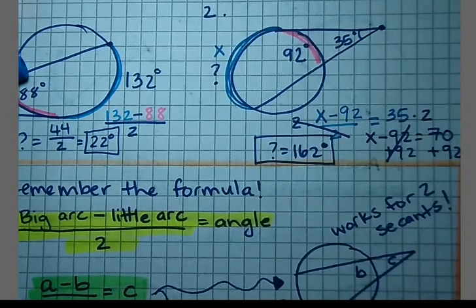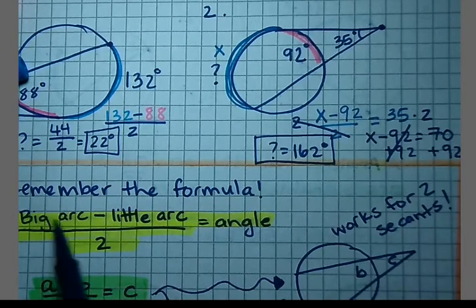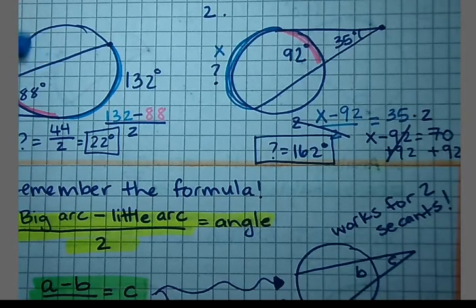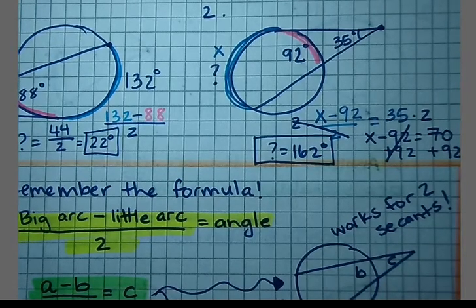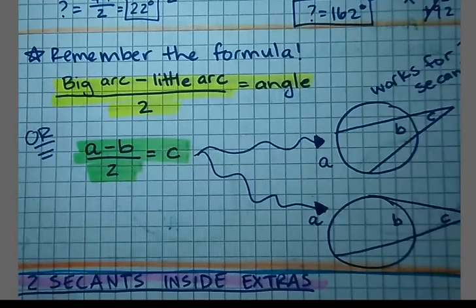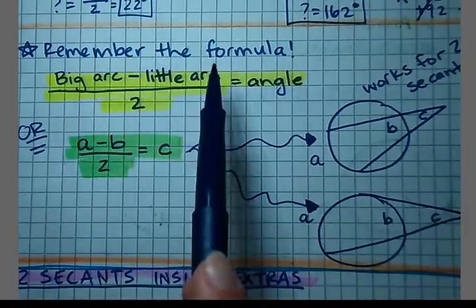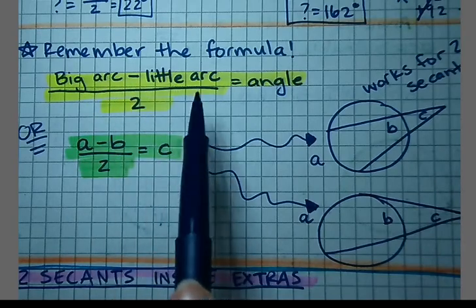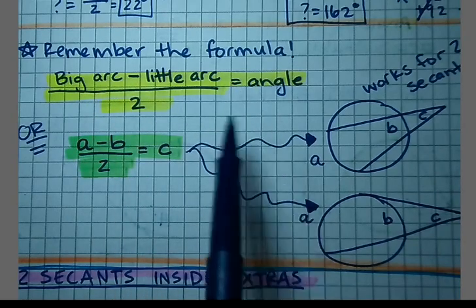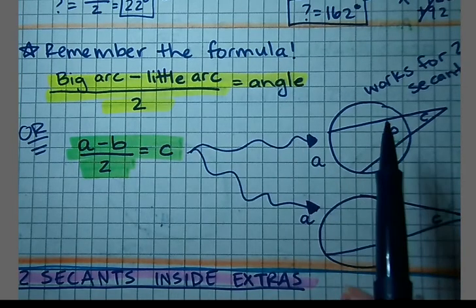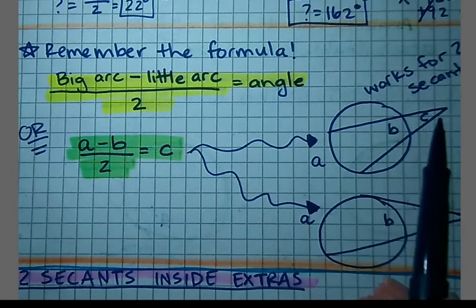This problem is slightly more complicated because the big arc here was what we were trying to solve for, but you had every other piece, so you just use opposite operations to get x by itself. And down here, just remember the formula. You can say big arc minus little arc, which is what I like to say in my head, or you can say a minus b divided by 2 equals c.